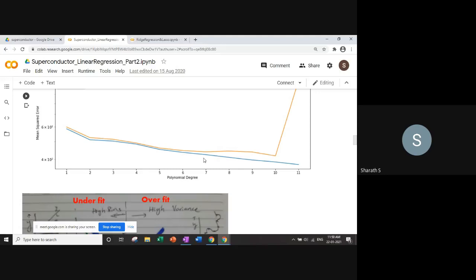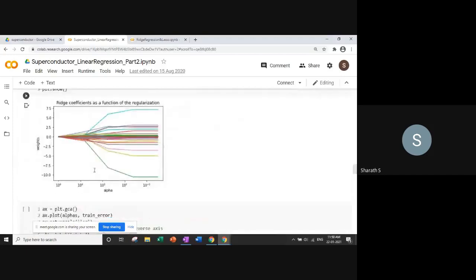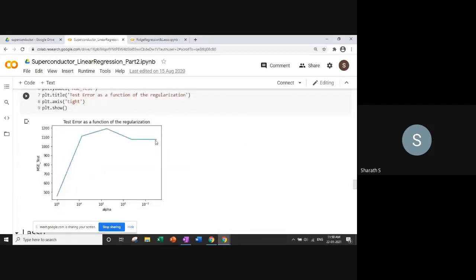If you see the test error, 400 plus something odd, which is there over here. So the same thing has happened when you look at the test error. The test error has gone under 500, probably 400 also it is there. At the same level of what you saw by, I mean, without using penalty but changing the polynomial order, you got that much more efficiently here.